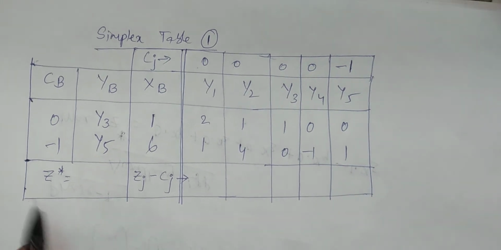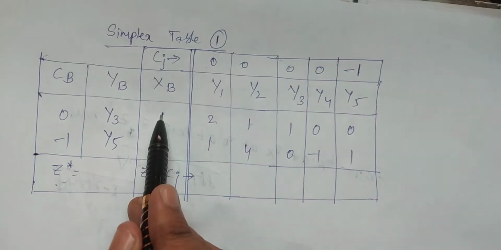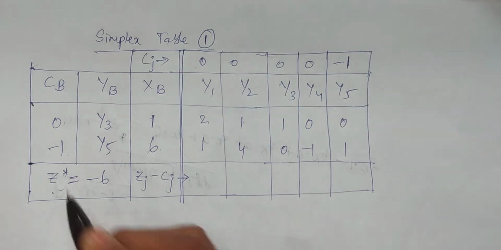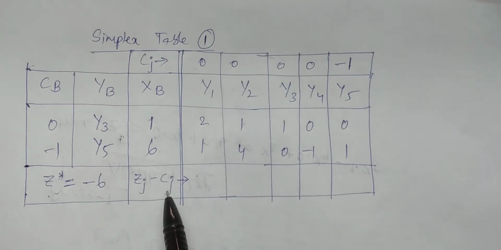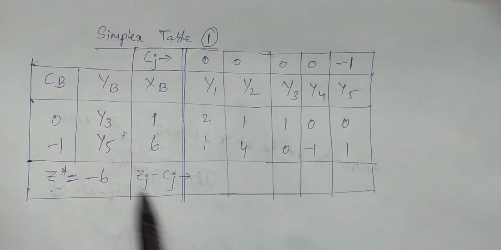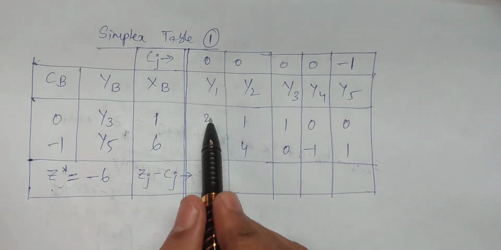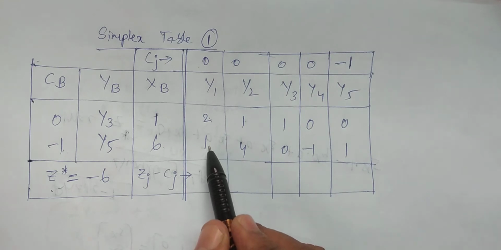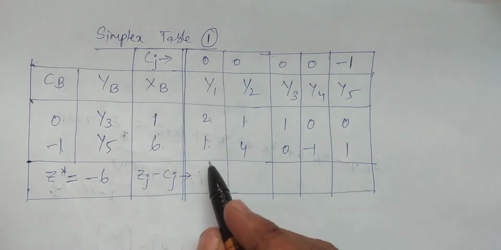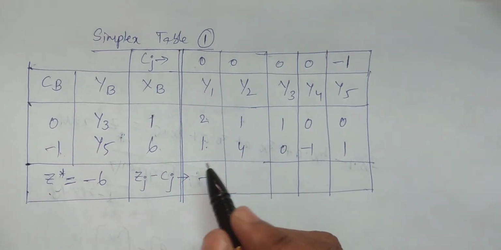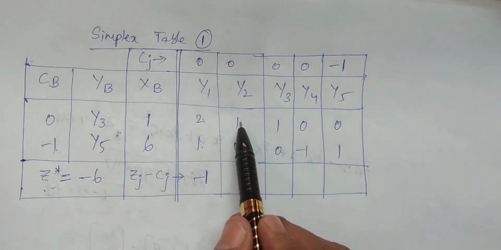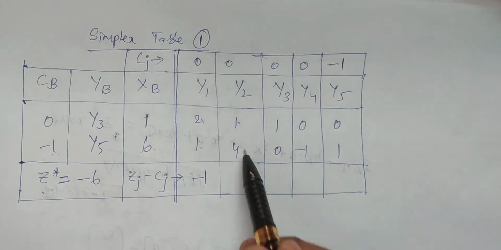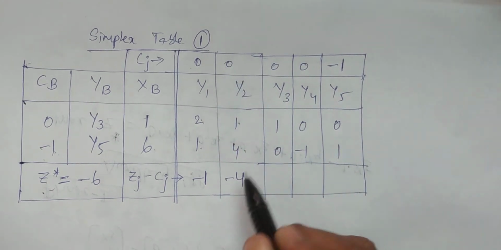So now you have to calculate z star. What is z star? 0 into 1 is 0, -1 into 6 is -6. And zj minus cj is cb yj minus cj. For y1, 0 into 2, -1 into 1, that is -1, minus 0, so -1. For the next, 0 into 1, 0, -1 into 4 is -4, minus 0, so the answer is -4.